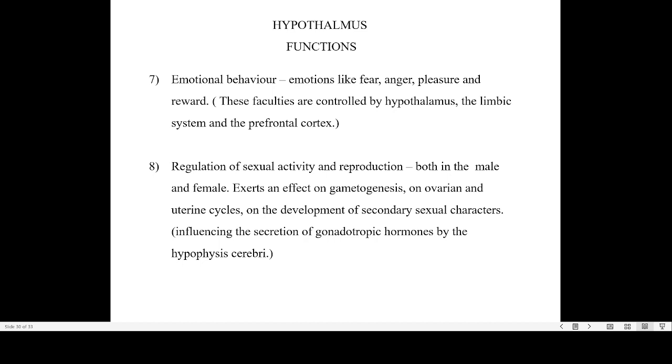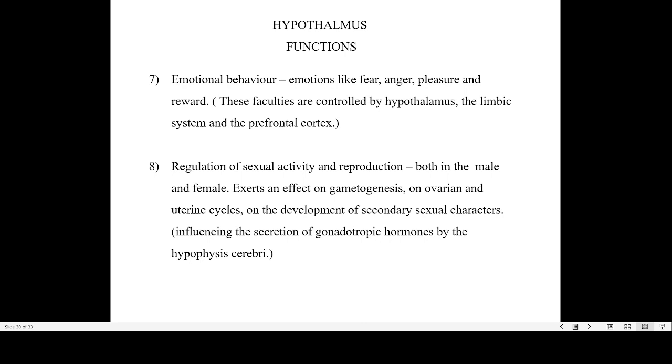Then the regulation of sexual activity and reproduction, in both male and female. It exerts an effect on gametogenesis, on ovarian and uterine cycles, and on the development of secondary sexual characters, influencing the secretion of gonadotropic hormone by the hypophysis cerebri. That means it is indirectly involved.